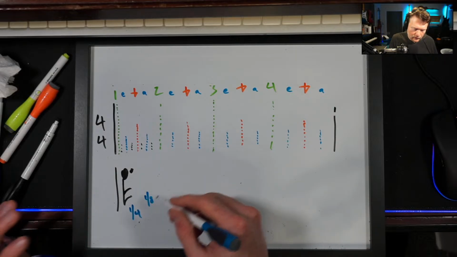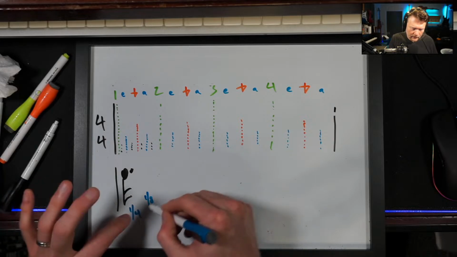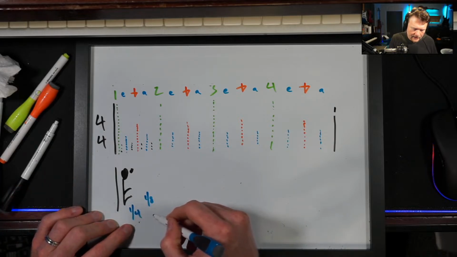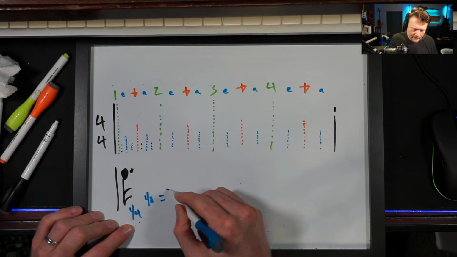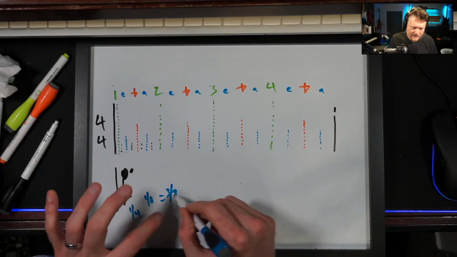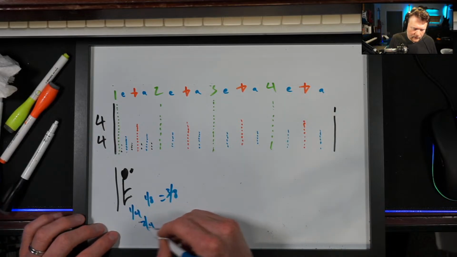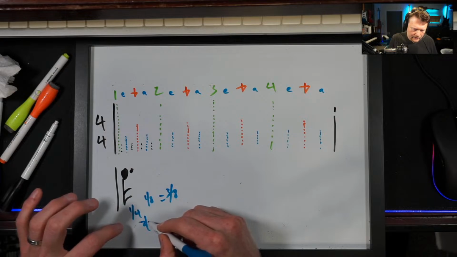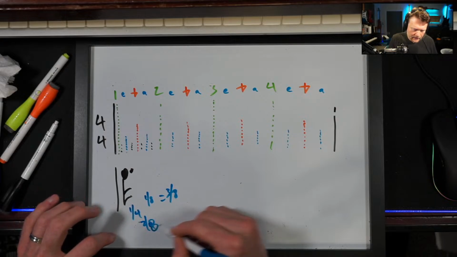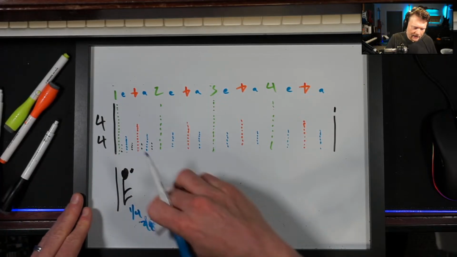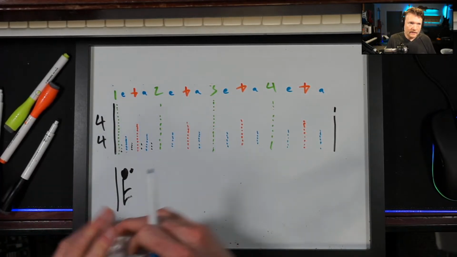So if we do the least common denominator thing, this is 3/8 of a beat, because this is basically the same as 2/8 and 1/8. Then we would add those together. So you can see pretty quickly how the dotted thing happens.